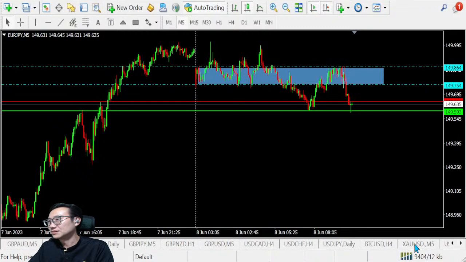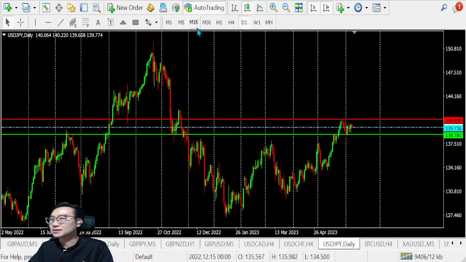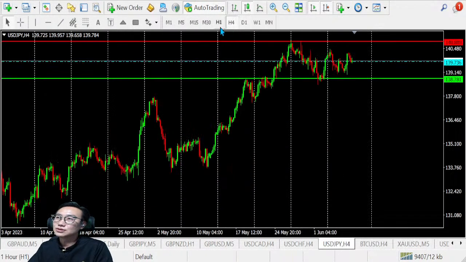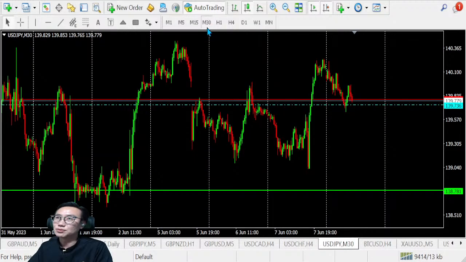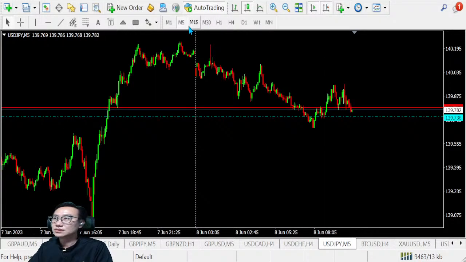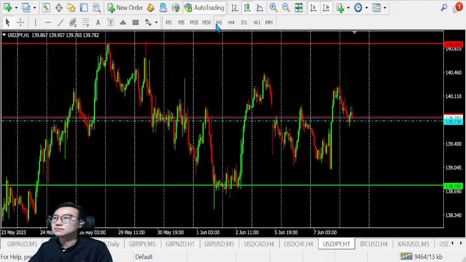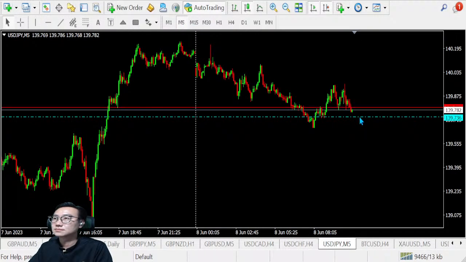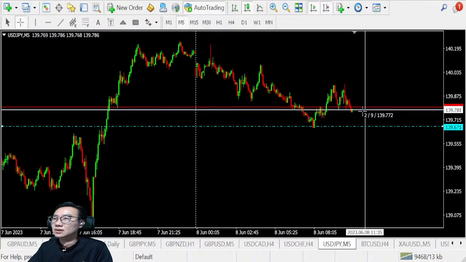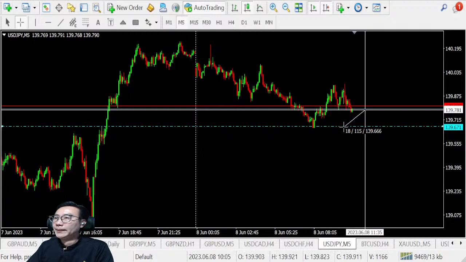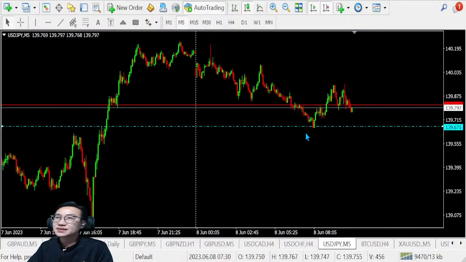UJ to sell, huh? UJ to sell may be going against the trend. Just now we were talking about UJ to sell. UJ is very near to the support. 11 pips.